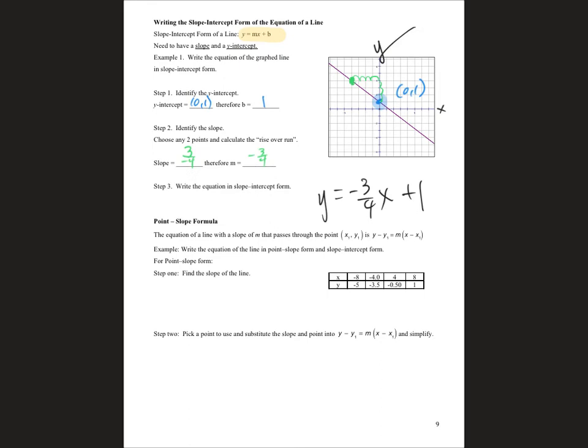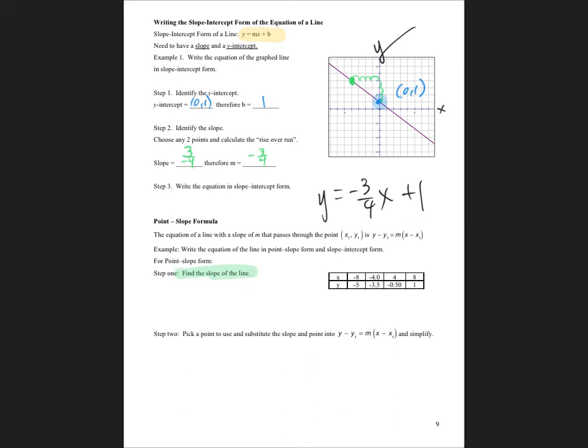What if I give you a table of values? And I say, I'd like to explore this a little bit, and I want to write the equation of the line, and I have just a table of values. Well, what you might want to first do is find the slope.